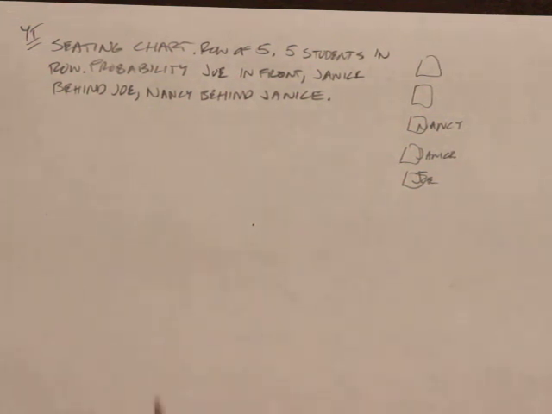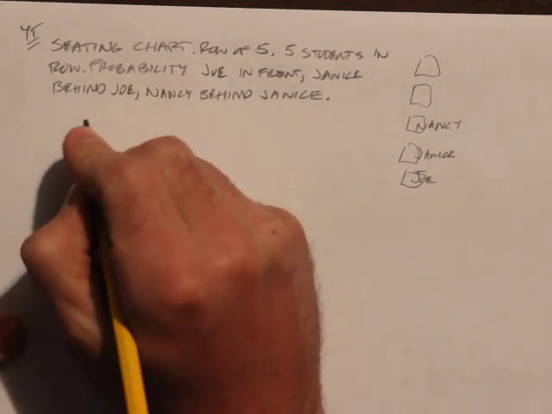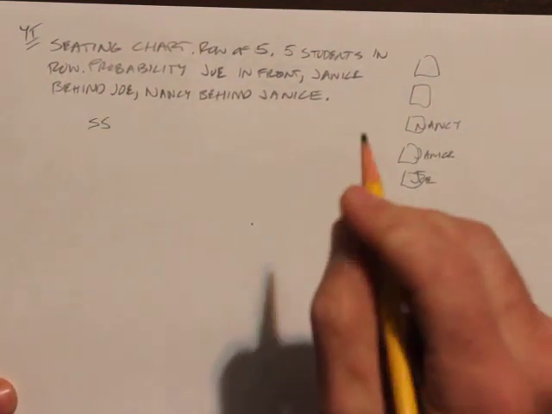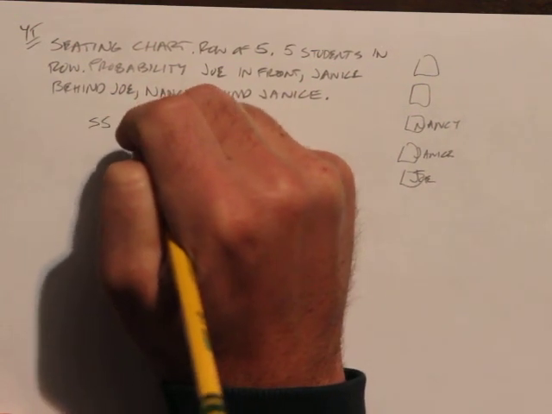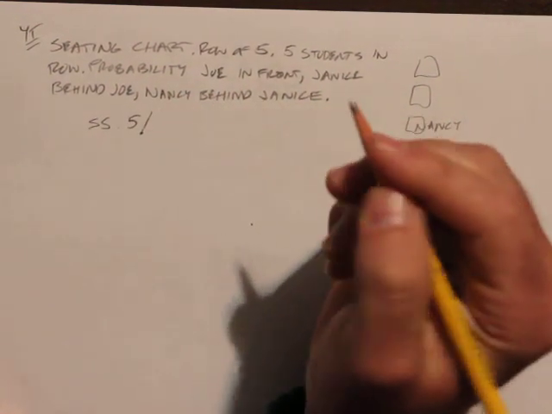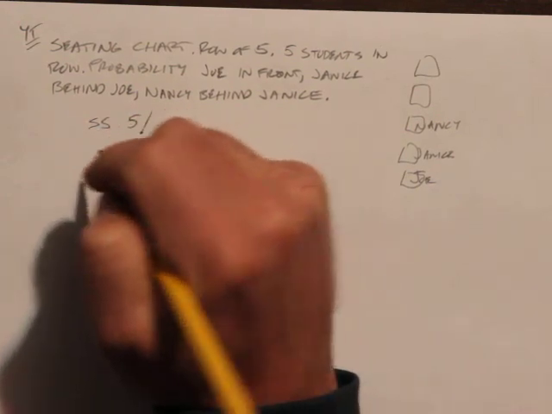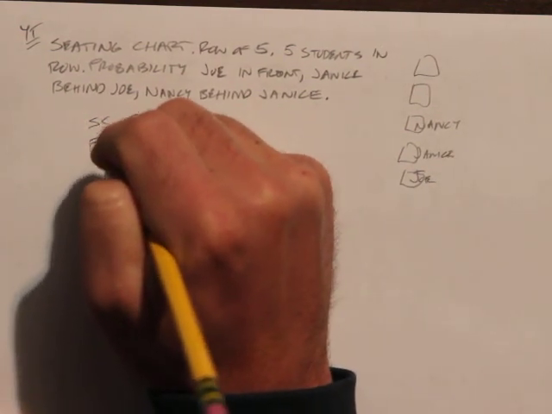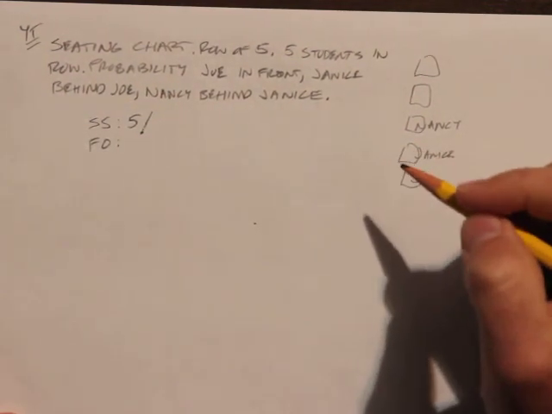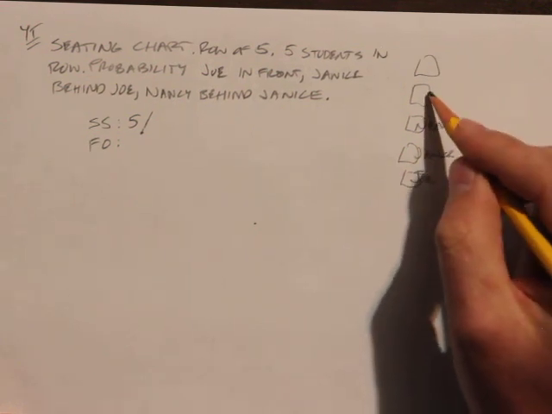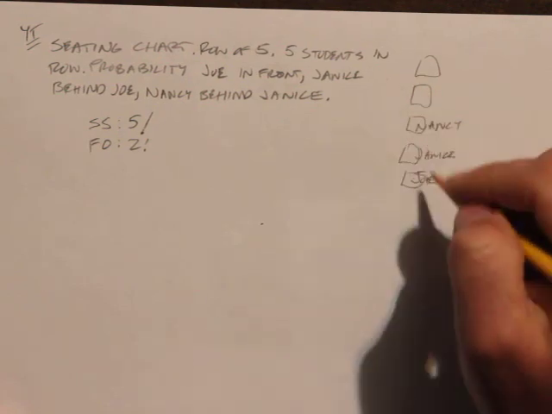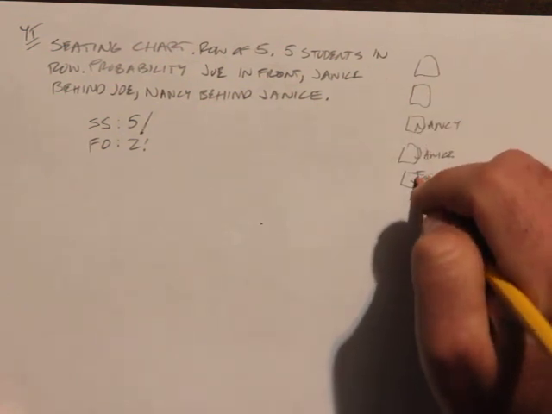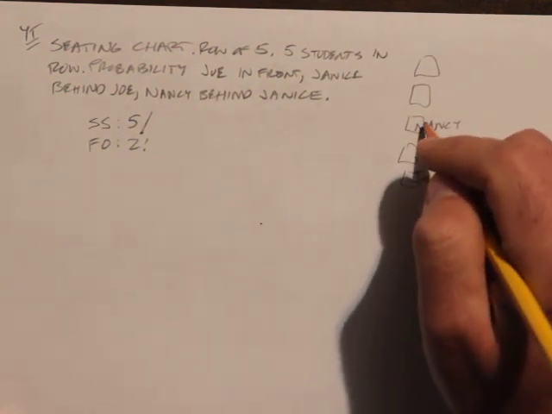All right, so my sample space is the first thing I need to do. Sample space is 5 factorial. And my favorable outcomes is going to be 2 factorial. Meaning I've got this one, so that was 5. This one is 4. This one is 3.